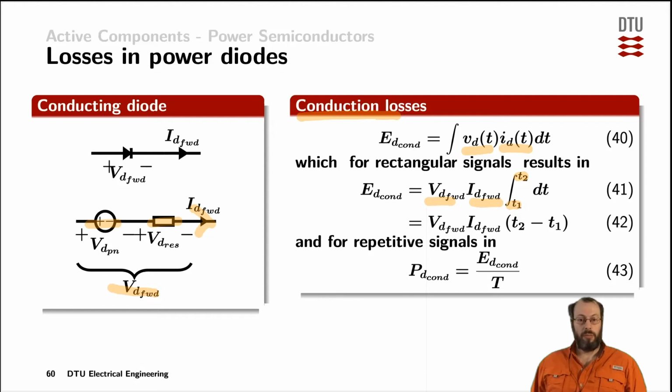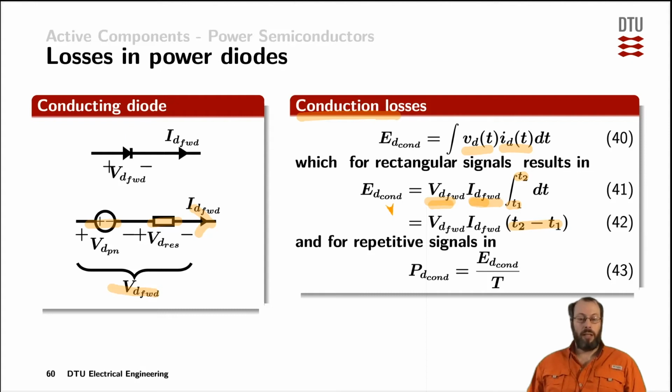Note, for this simple way of modeling the losses, both the forward voltage and the current are assumed to be independent of time. That's why we can put them outside the integral, and the integral simplifies to a difference of the upper minus the lower limit.